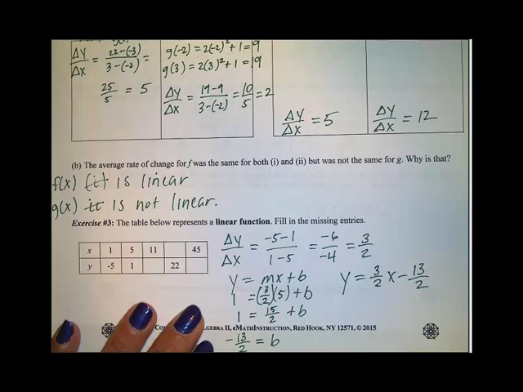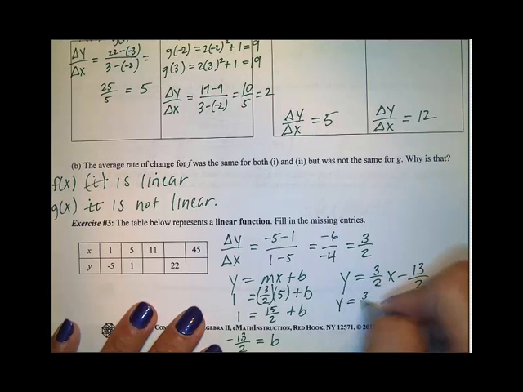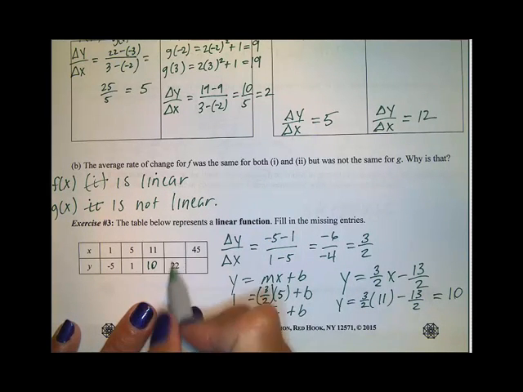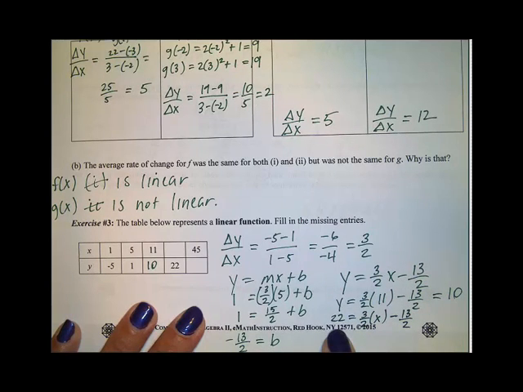Now I can use this x value, put it in here, and it'll find the y value. So y equals 3 over 2 times 11 minus 13/2. And I get y to be 10. For the next one, I need the x value, so I put 22 in for y, 3/2 x minus 13/2. I'm going to add 13/2 over and then divide or multiply by 2/3.